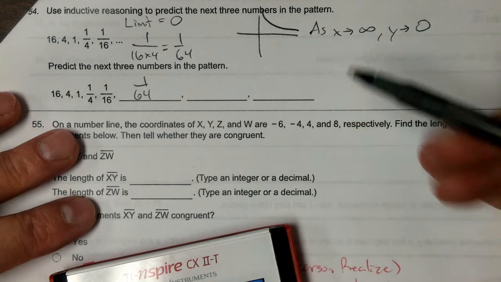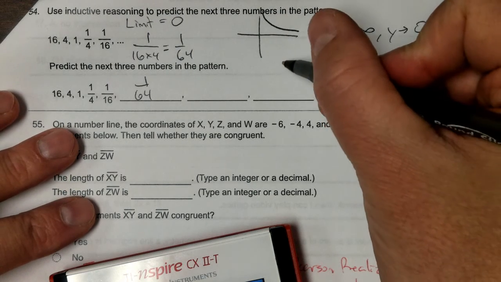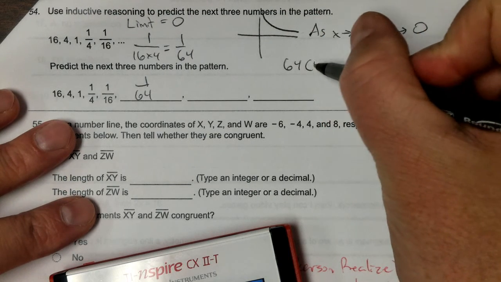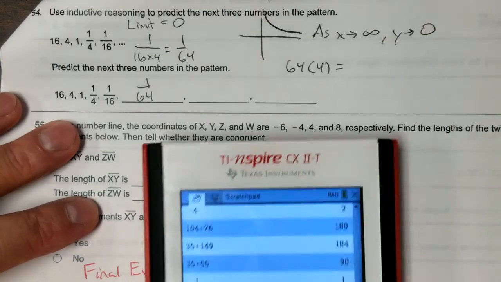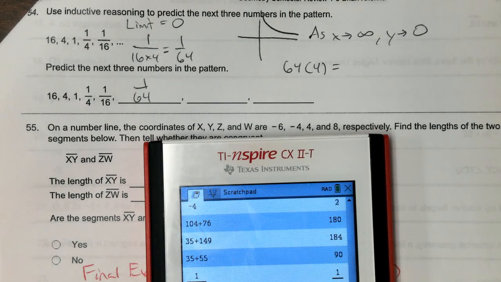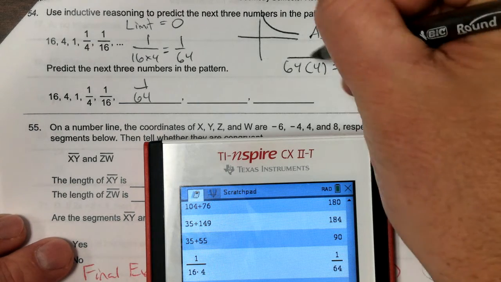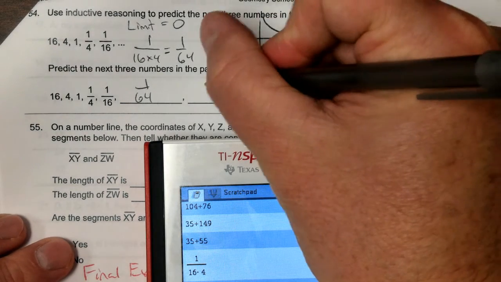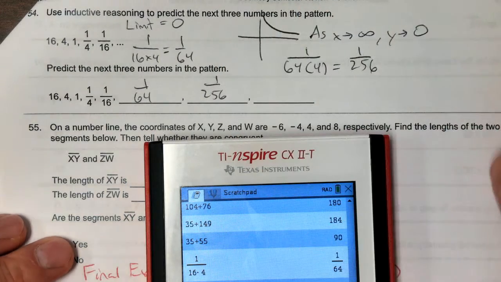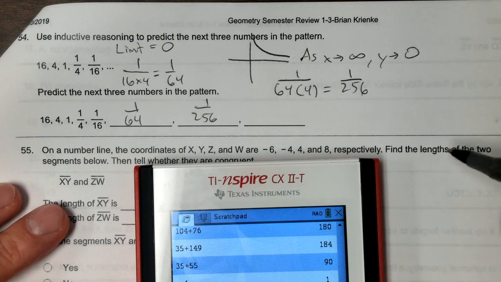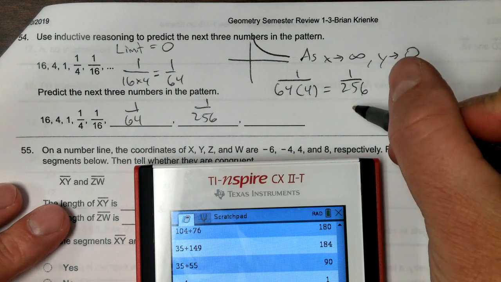And then on this one, I'm going to abbreviate it a little bit. I'm just going to do 64 times 4. I get 256. So I'm going to want 1 over that. And then we need to do that again.